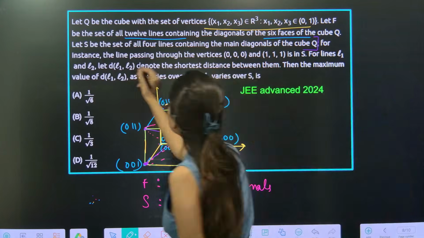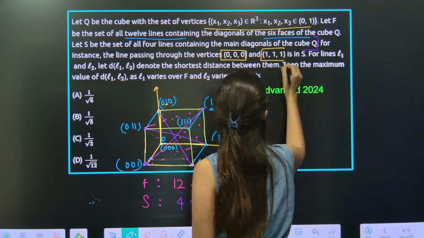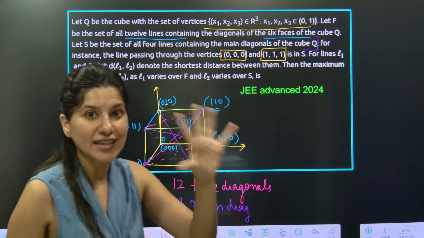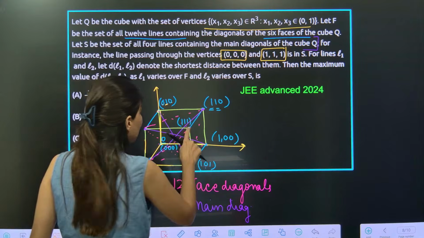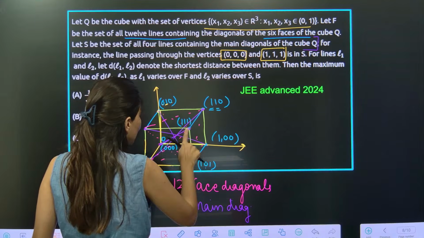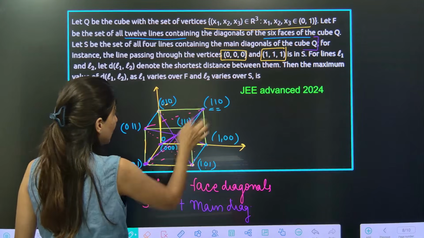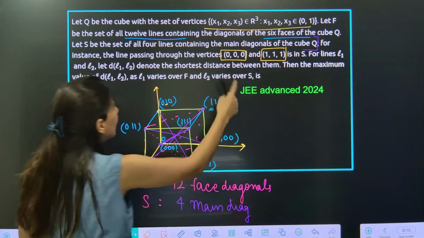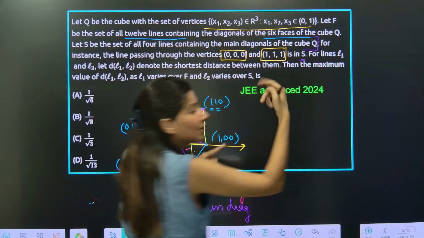For instance, the line passing through vertices 0, 0, 0 and 1, 1, 1 is in S. They are telling you to think about the line joining 1, 1, 1 and 0, 0, 0. 1, 1, 1 is this and 0, 0, 0 is this. So this is the 4th main diagonal. Now we have 4 main diagonals. Can you see? 1, 2, 3 and 4. So for example, 0, 0, 0 and 1, 1, 1 is in S. That means this is a main diagonal.